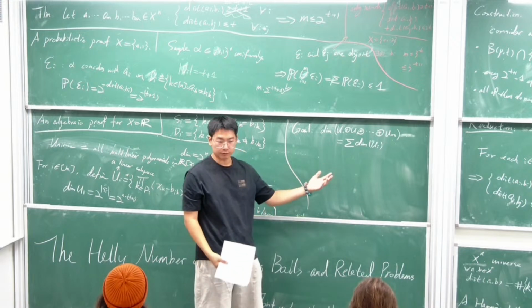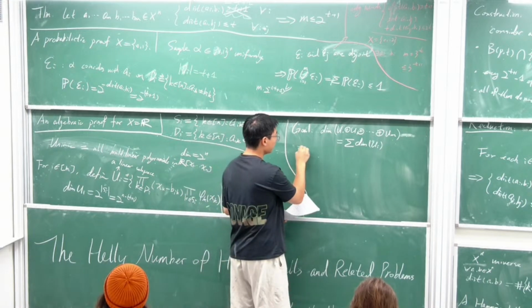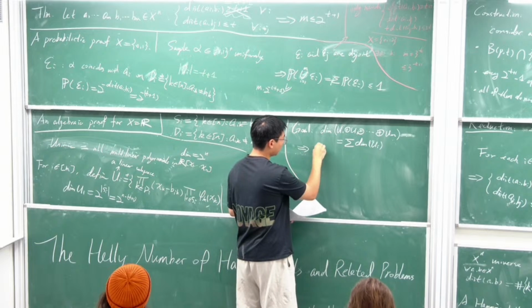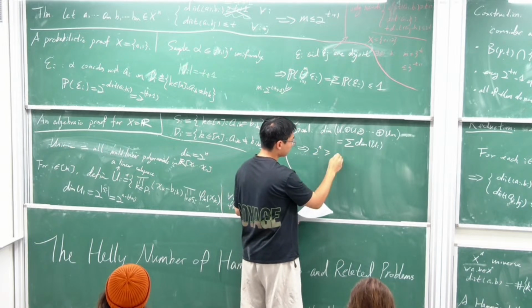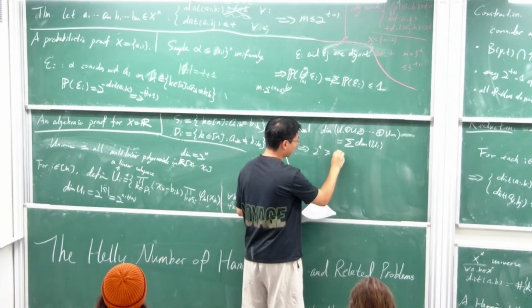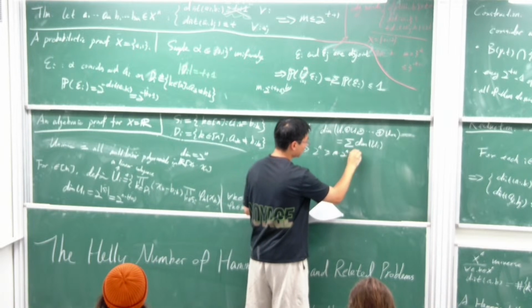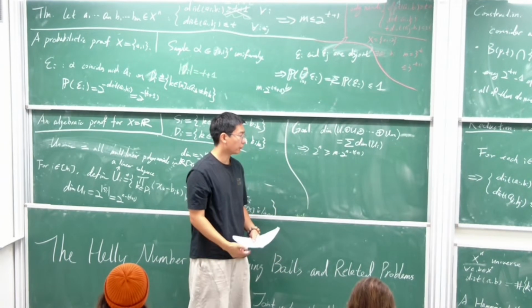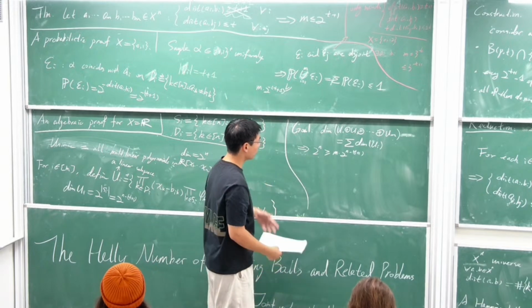And then this is enough because this means that on the left hand side this is at most 2 to the n. However, on the right hand side this is at least m times 2 to the n minus t plus 1. So the thing will follow.